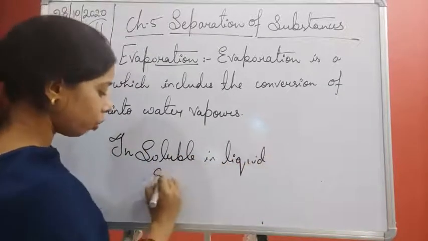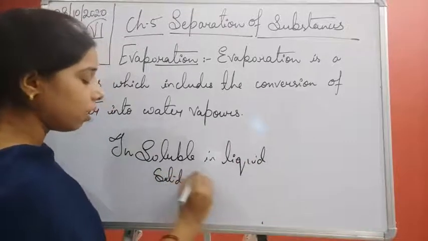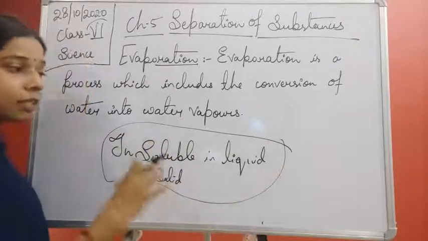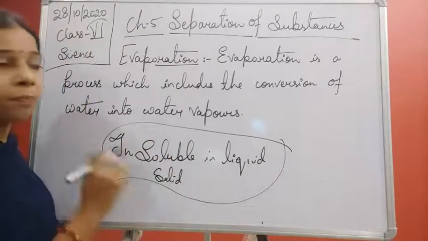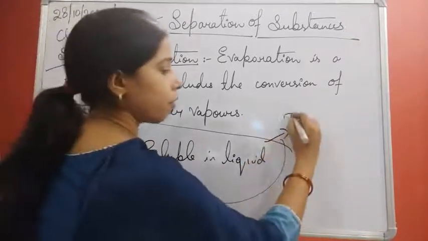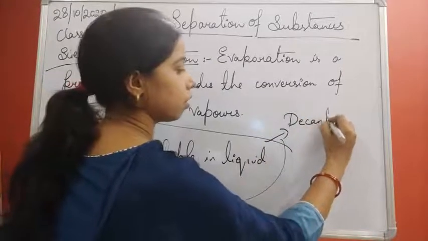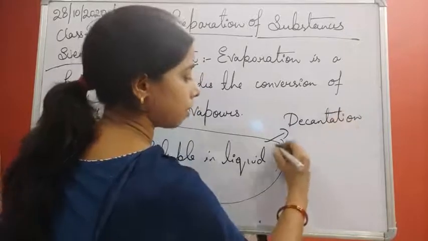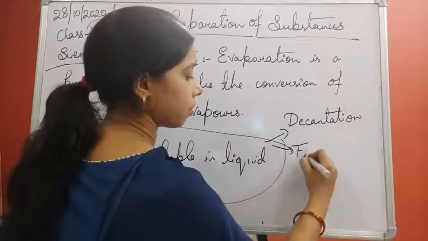So an insoluble solid is there which is mixed in the liquid. We can separate this mixture with the help of the process of decantation or with the help of the process of filtration.